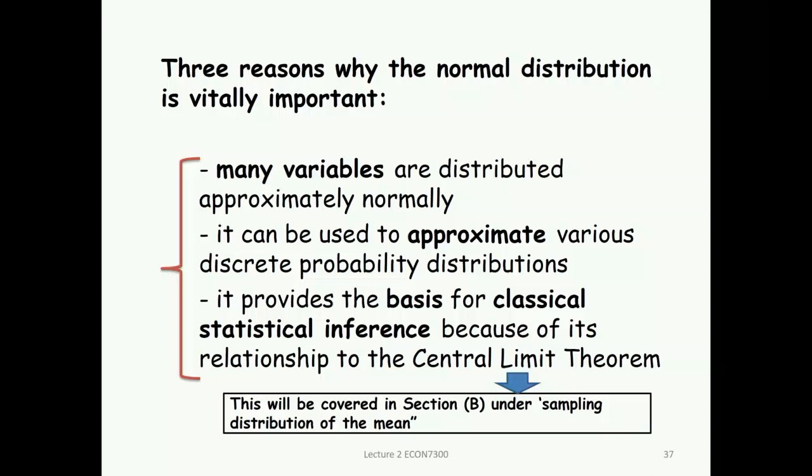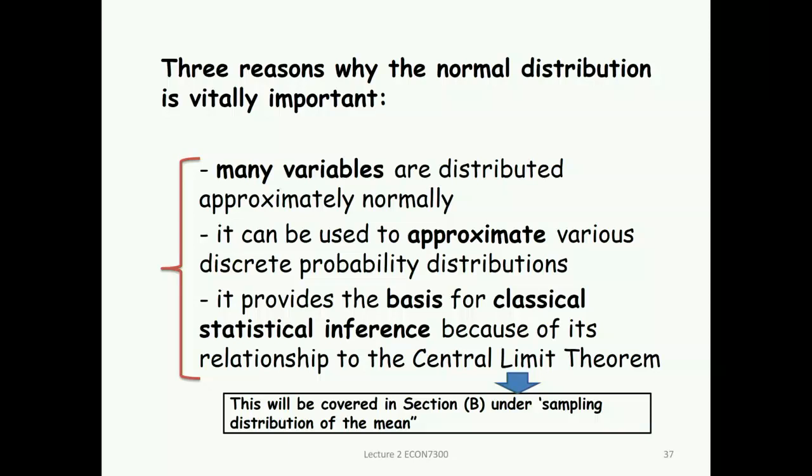So why is this normal distribution so important? Why do we spend a lot of time, as I told you, lecture 3, lecture 4, lecture 5, lecture 6, they are all based on the normal distribution? Because many variables are normally distributed. In this world, so many things are normally distributed.